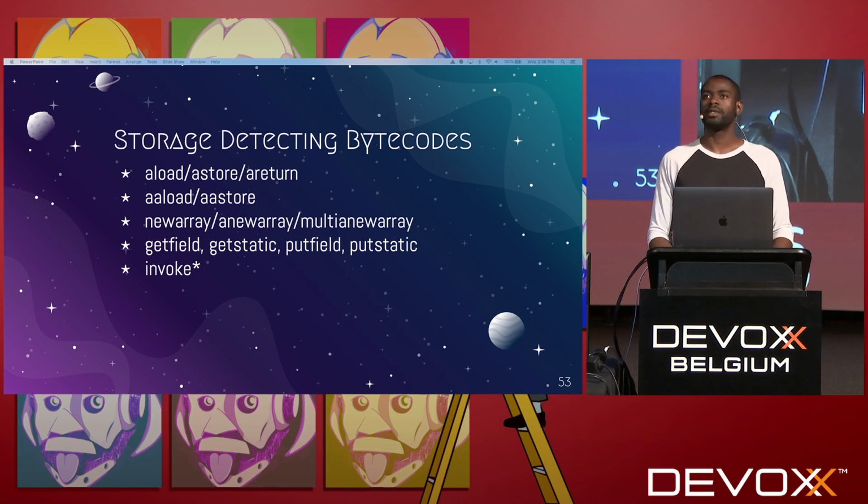Likewise, the array bytecodes have to be aware of the element size if the inline type is flattened. And the same thing for the array creation bytecodes. The getfields, getstatics, putfields, putstatics also have to know the size for the same reasons. And if the JVM decides to registerize arguments and returns for inline types, then the invocation bytecodes also need to know.